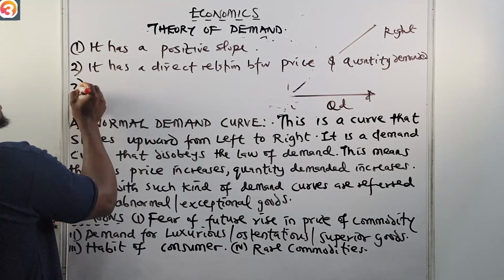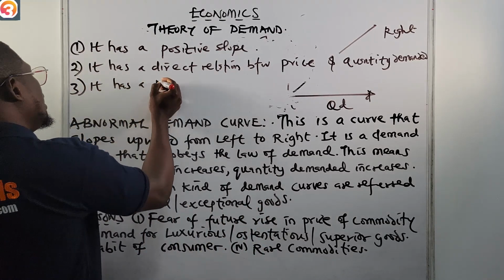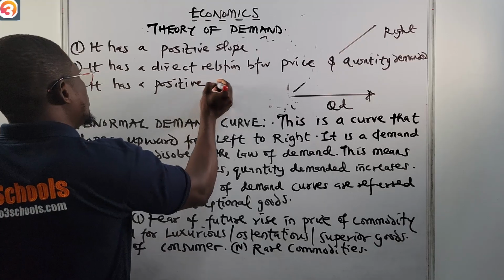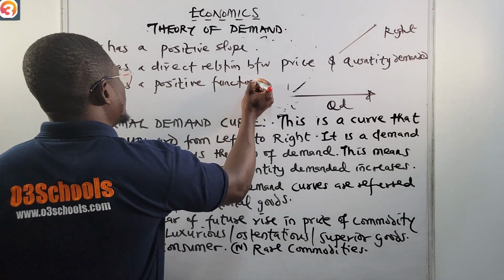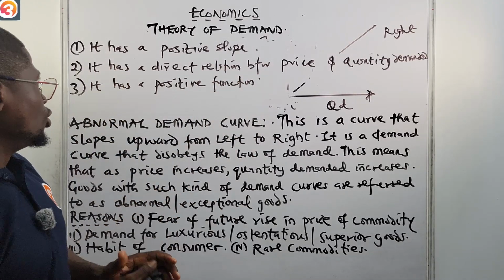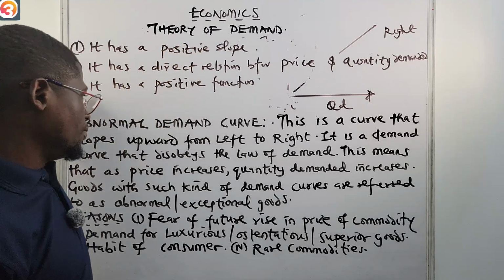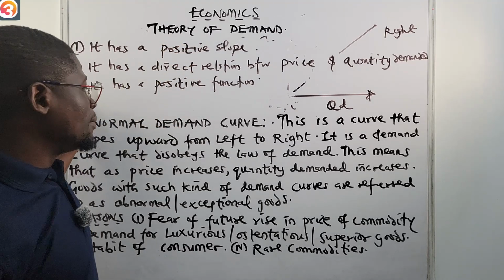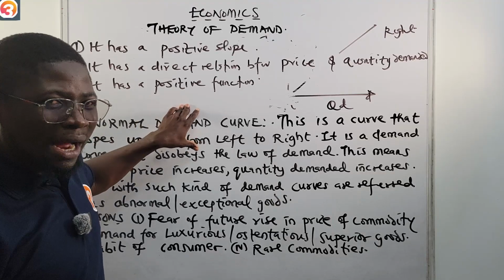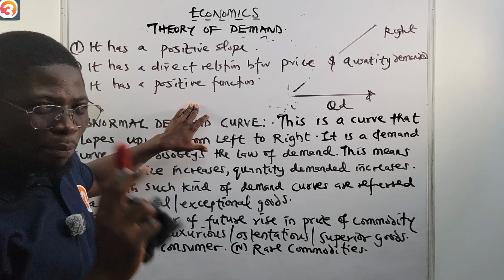So number three, it has a positive function. Please take note of that. These are the characteristics of an abnormal demand curve. Now, let us see some of the reasons why this abnormal demand curve occurs, why it happens.